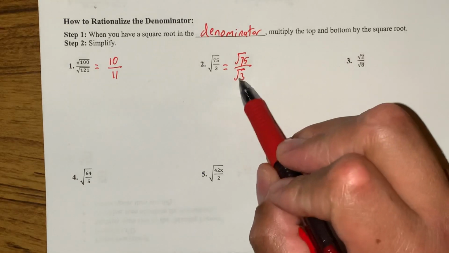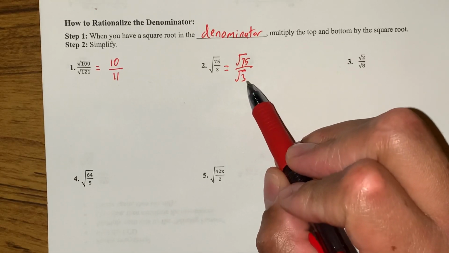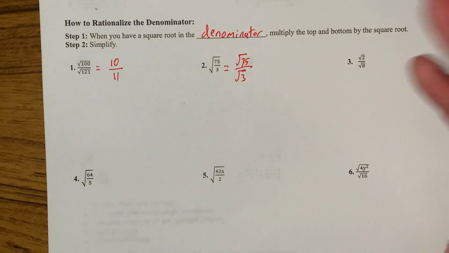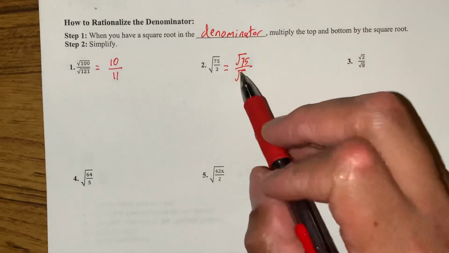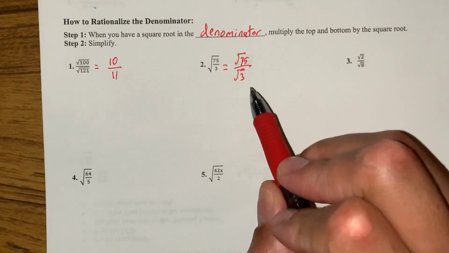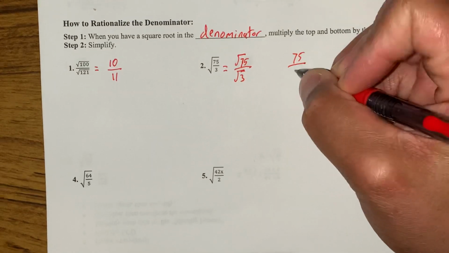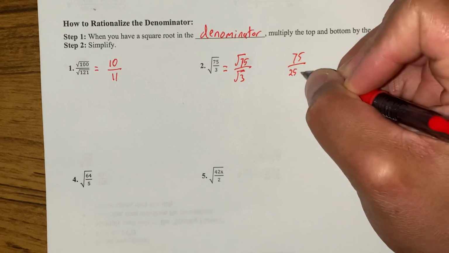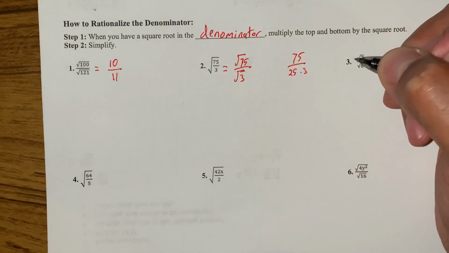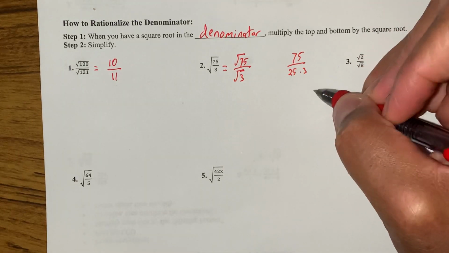So the square root of 3 is a prime number. It's really small, so I know it doesn't have any perfect square factors, but the square root of 75, if I remember correctly, 75 is also 25 times 3, so 25 is a perfect square.